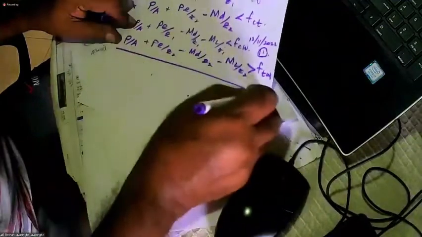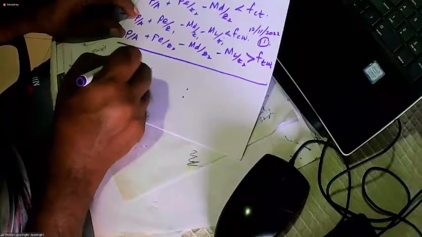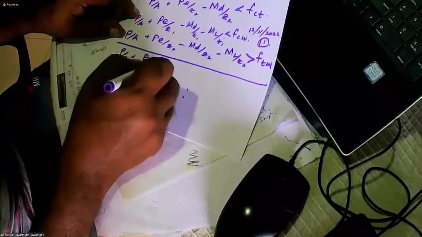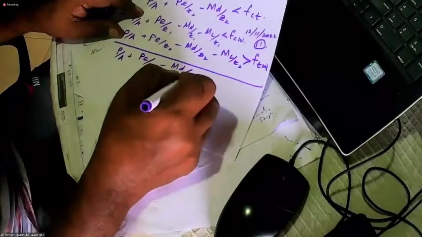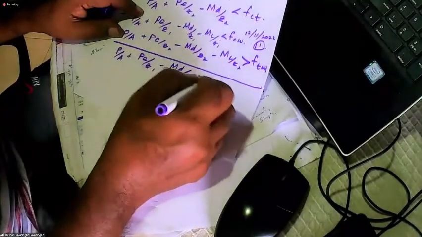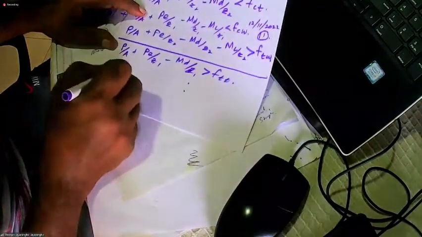Now this is the most important part. Now we would like to see, we take the first equation. Here we can see PEO is at Z1.